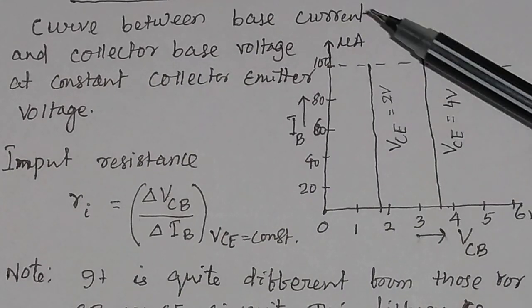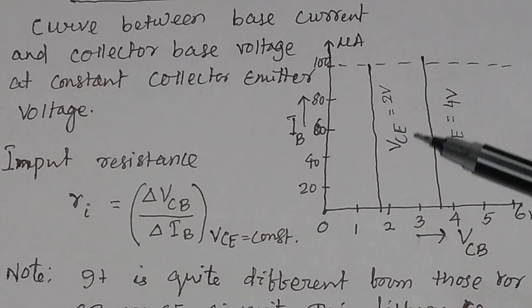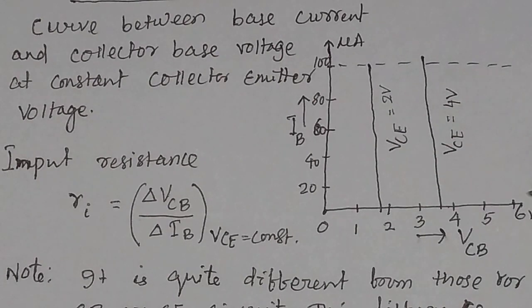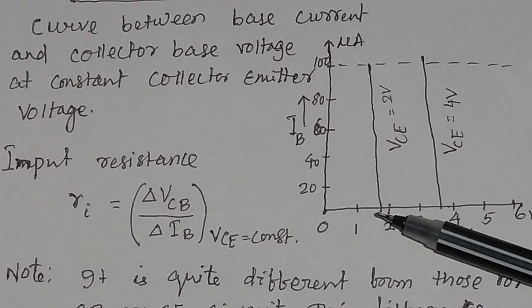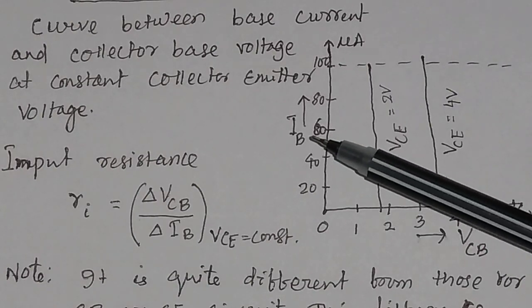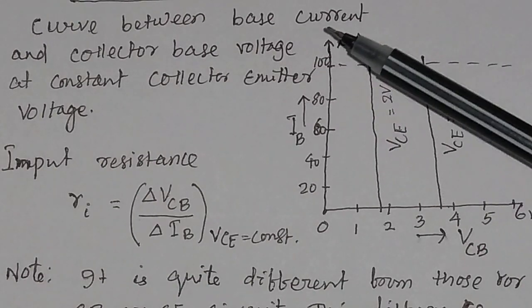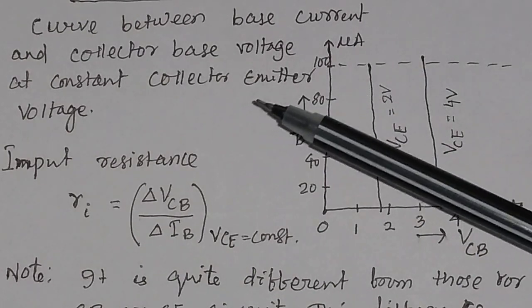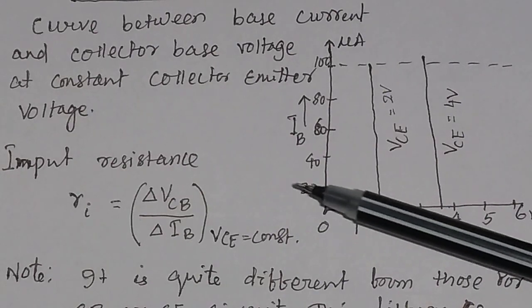For the input characteristics, you keep the output voltage constant, and you draw the voltage-current curve for the input. In the input you have collector base voltage and base current. So the curve between the base current and collector base voltage at constant collector emitter voltage is called the input characteristics.